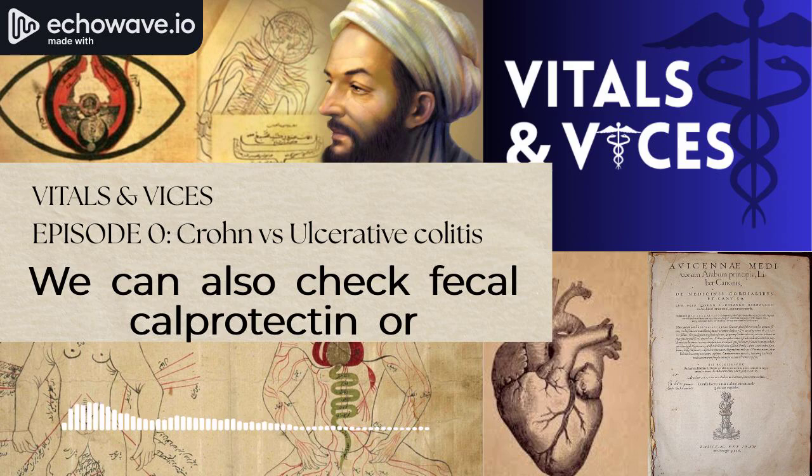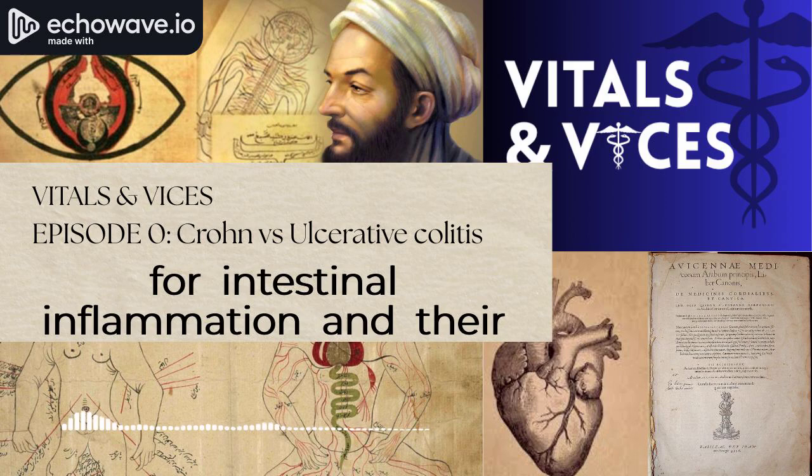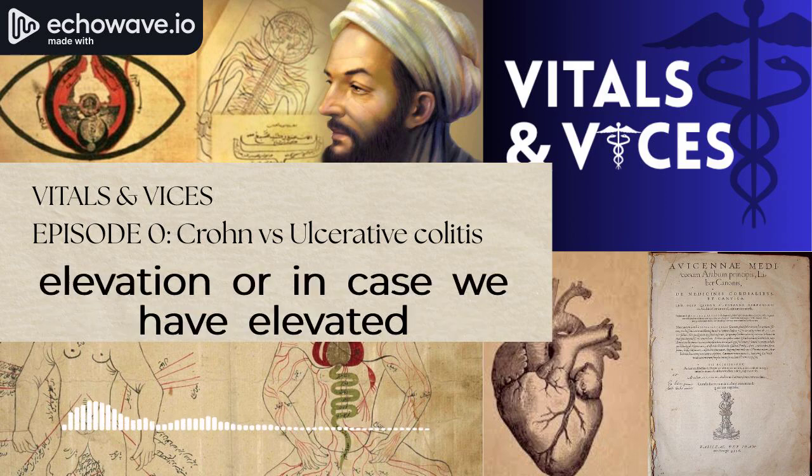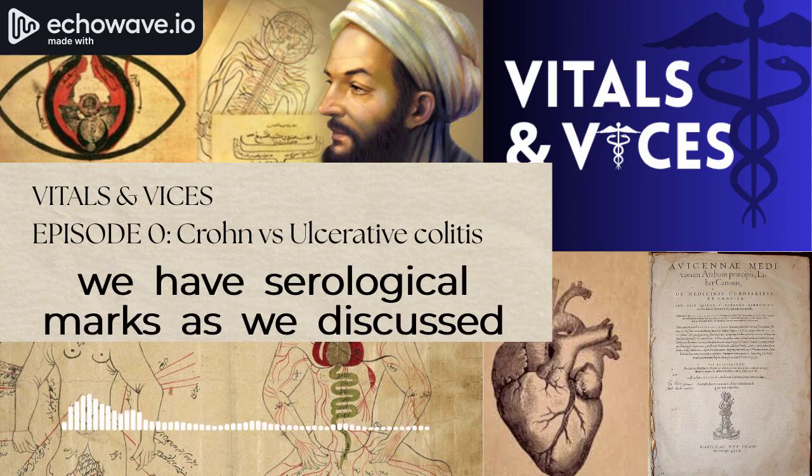We can also check fecal calprotectin or lactoferrin, which are non-invasive markers for intestinal inflammation, and in case we have elevated levels, it can suggest an IBD activity. Last, we have serological markers.